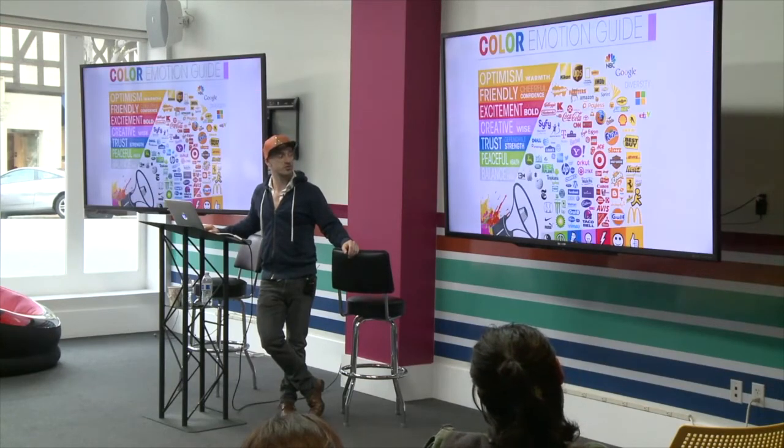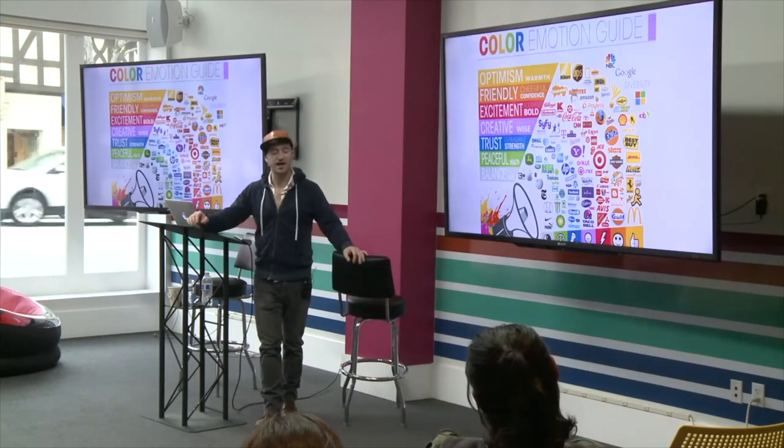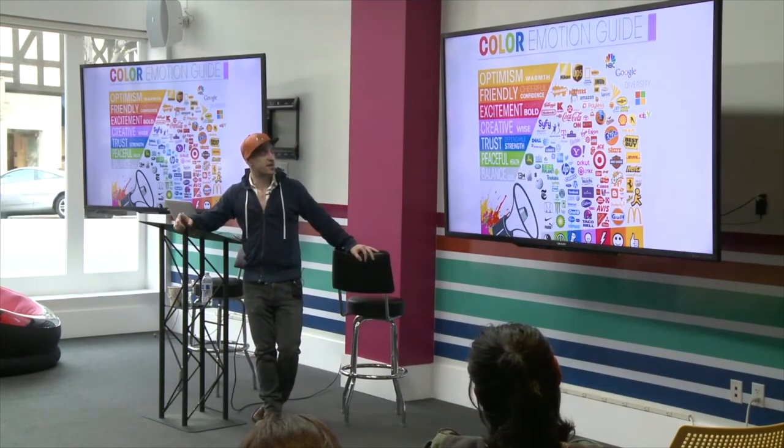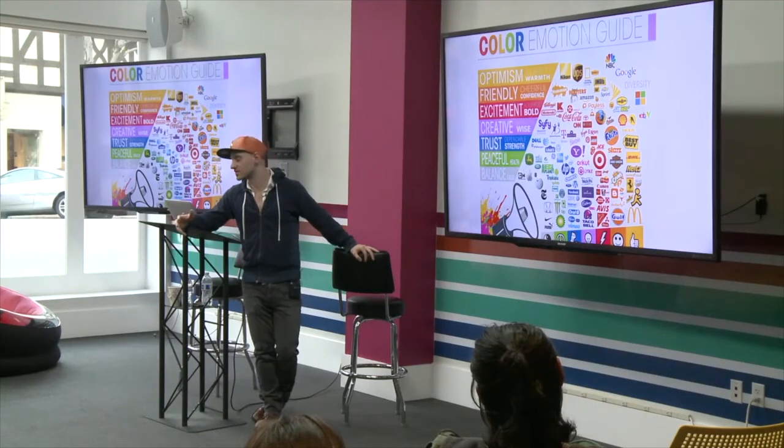Colors are super important. The color of your brand actually gives out different messages. Depending on the color, it sends a different message to the customer. So yellow at the top we can see is optimism, clarity, warmth. Orange is friendly. Reds are exciting. Reds are actually the most eye-catching of all logos.